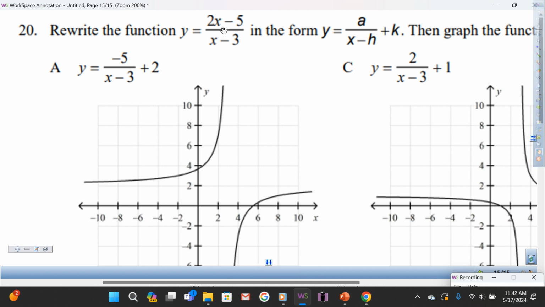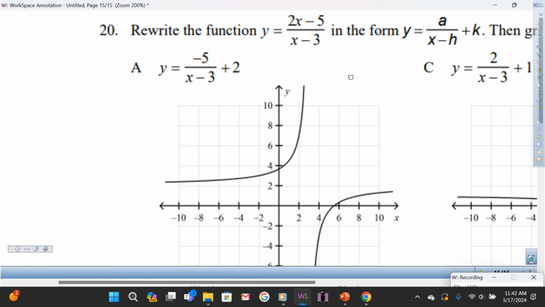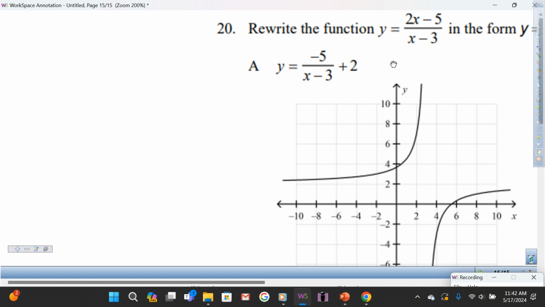Yes. Tell your neighbor what to do to make it look like that. Look at it. Whenever we don't have a 1 on the numerator, what do we do? Long division. So for number 20, when you get there, just write long division.